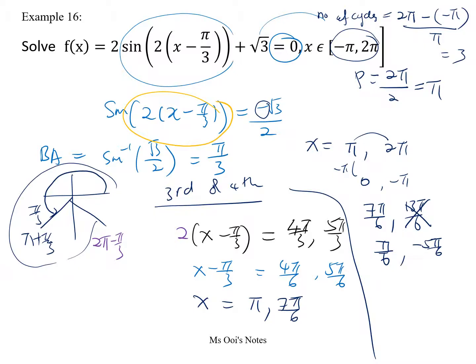So therefore, in short, my answer is negative pi, negative 5 pi on 6, 0, pi on 6, pi, 7 pi on 6, and 2 pi. Okay, I think that's all.